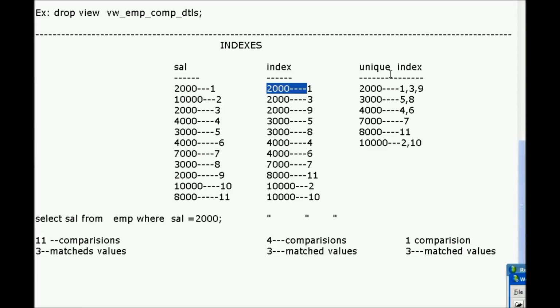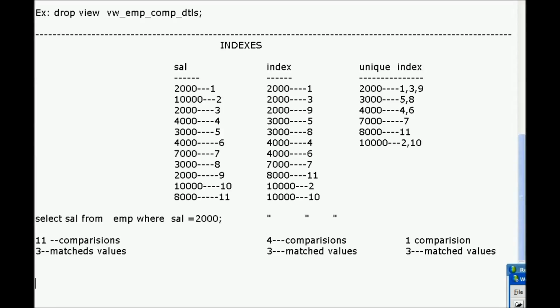A unique index should not allow duplicates. So a duplicate value is not allowed, which means if there exists a duplicate value, then the unique index skips that comparison for the duplicate value. So these are the advantages of indexes.